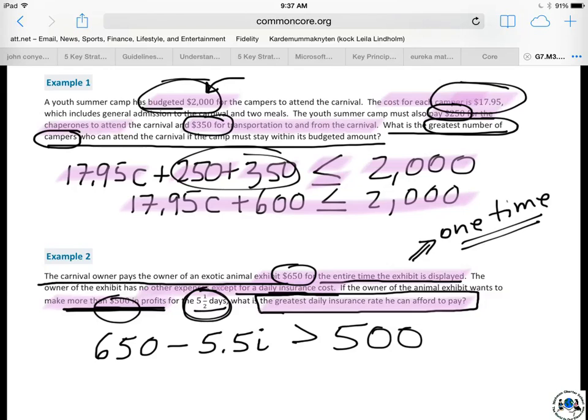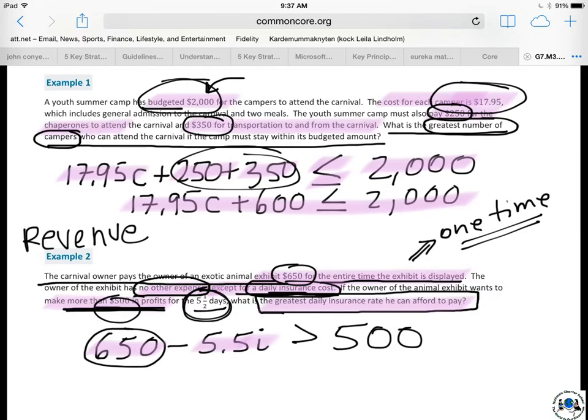So the only revenue, remember this idea of revenue, he's going to receive is the $650 here. Now his expenses: it says he has no other expenses outside of this daily insurance cost. So if you're going to be open 5.5 days, that'd be 5.5 times I, where I is the amount of the insurance payment that we're trying to solve for.